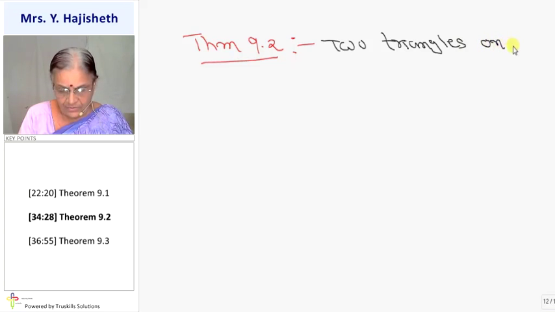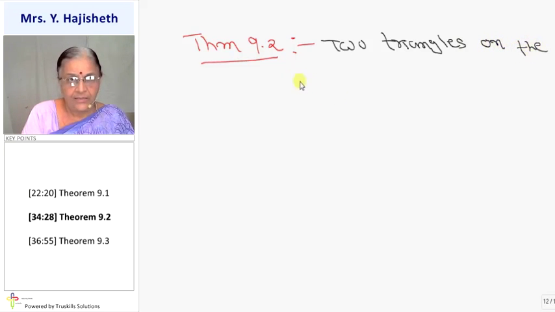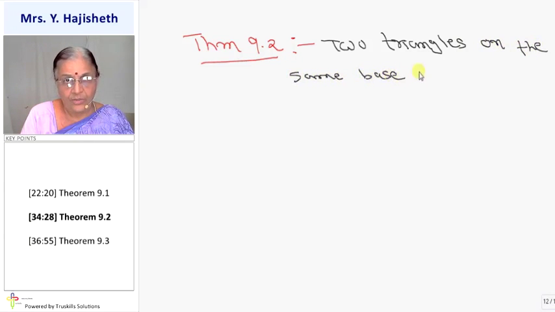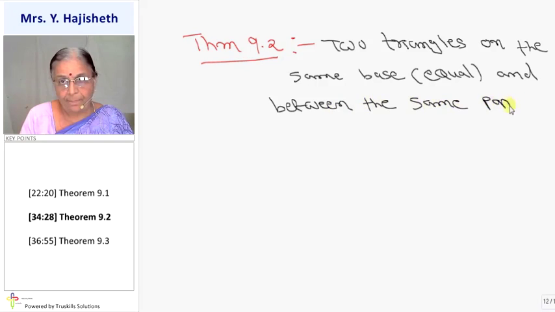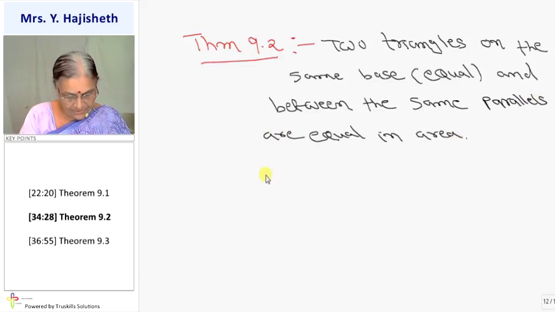Two triangles on the same base or equal base and between the same parallels are equal in area. Because we are accepting this without proof too, but we can explain it by argument.